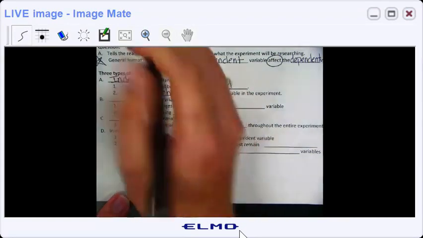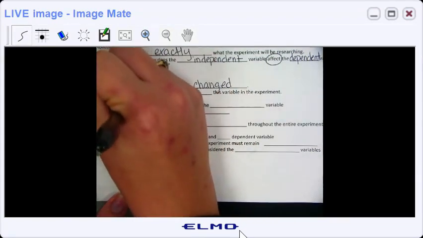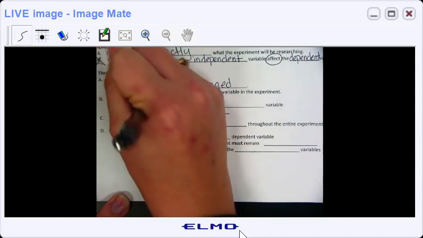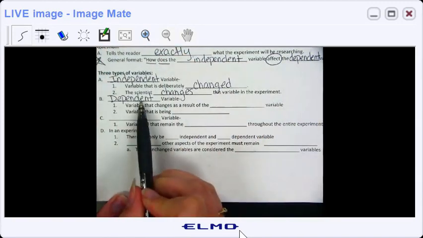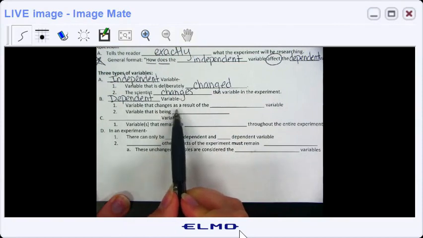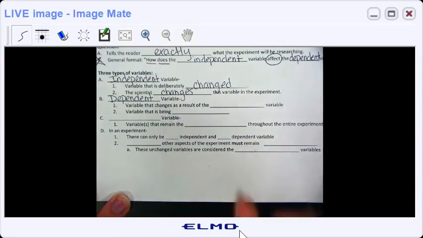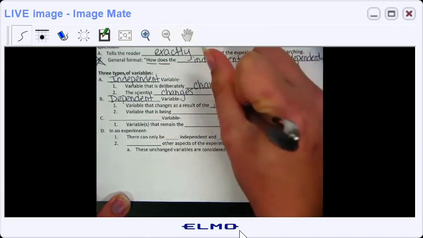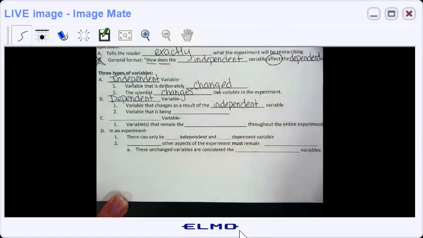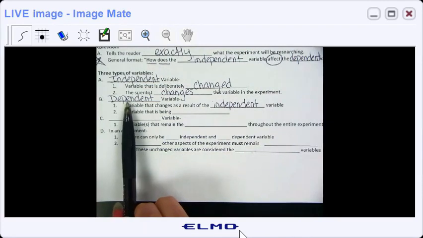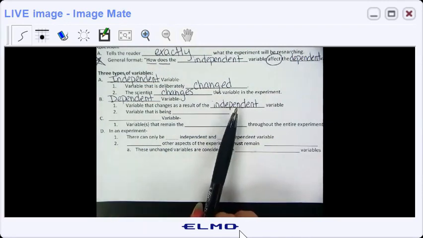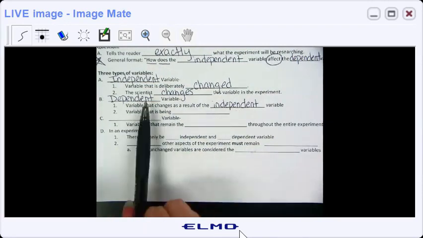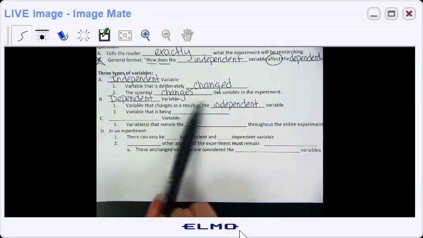Next is our dependent variable. And this variable, the dependent variable, changes as a result of the independent variable. You can think of it as it depends on the independent. So independent means standalone on its own, and dependent means it relies on or needs the other one.